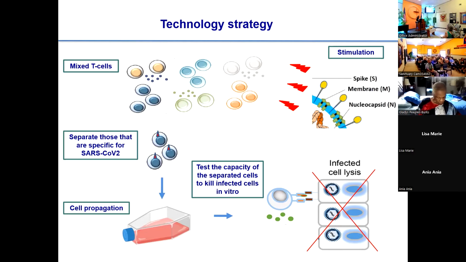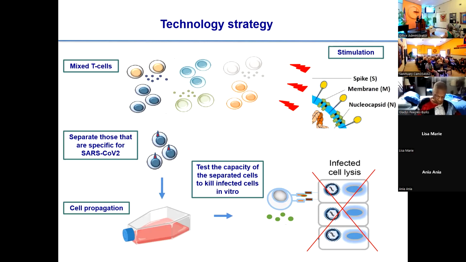So we separate those cells and propagate them in the laboratory to make more cells, because we need a lot of cells to treat a patient. Then we tested whether the cells that we separated actually recognize infected cells and kill them. We run a protocol in the laboratory where we mix infected cells with the cells that we isolated and check if the infected cells are dying.